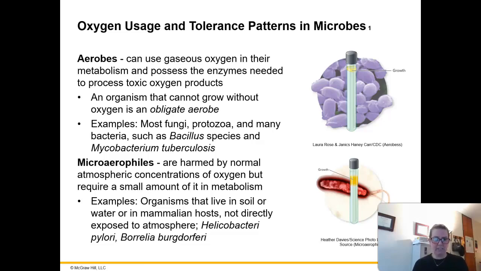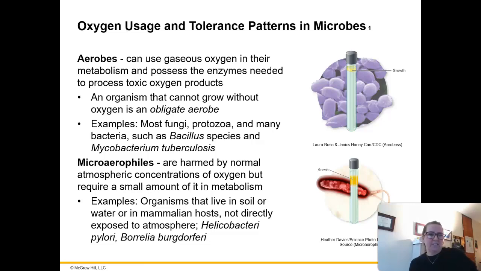So next we have the microaerophiles. Take a look at the test tube on the right. You're going to see that the halo is not really right at the top; it's just below the surface. Microaerophiles are harmed by normal atmospheric concentrations of oxygen, but require a small amount for metabolism. So they live in areas where they're not going to get exposed to super high amounts.